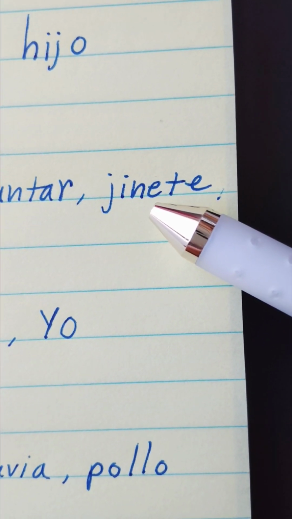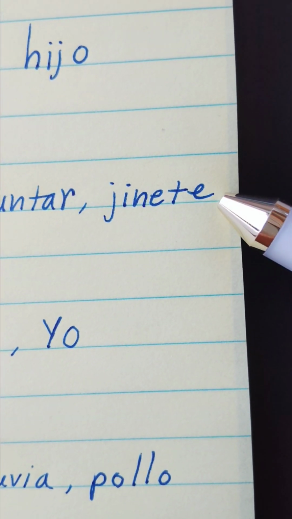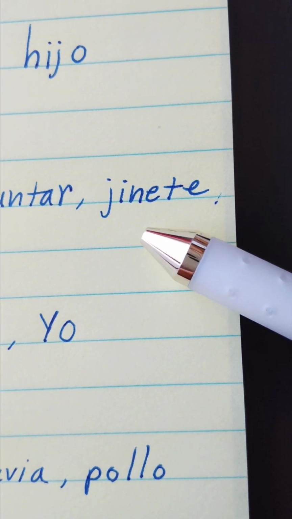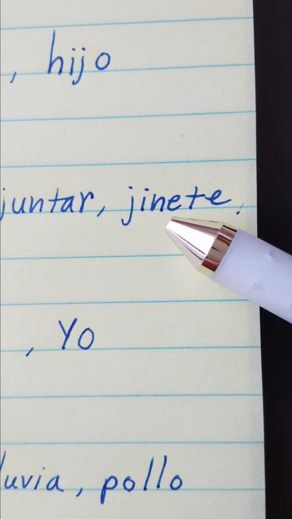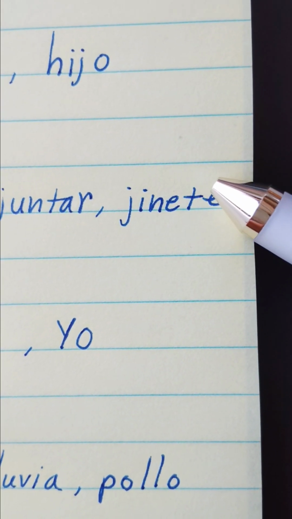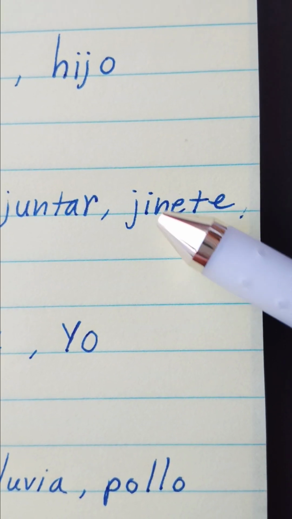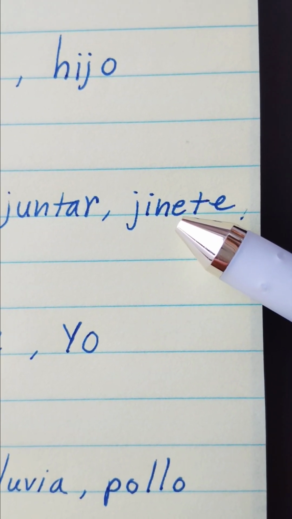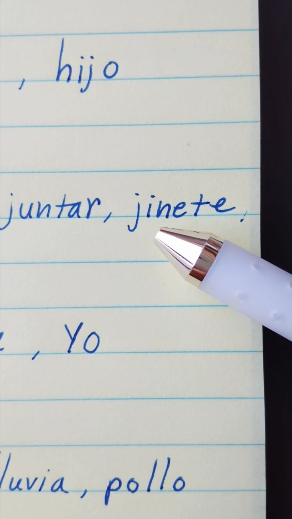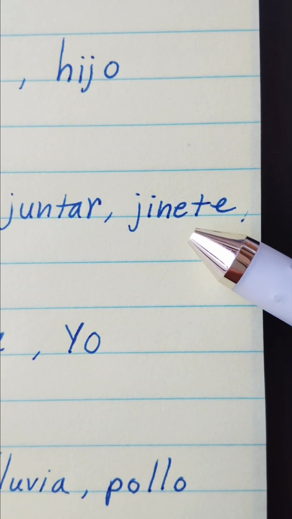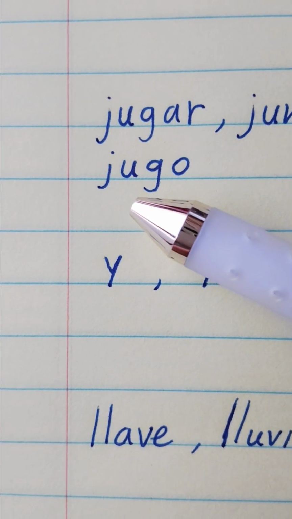Jinete. This is a horseback rider. Now, here you can say el jinete or la jinete. So you would use the article to indicate if it's a female or a male. Jugo.